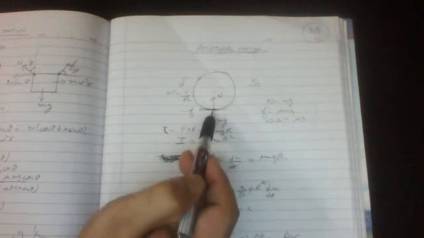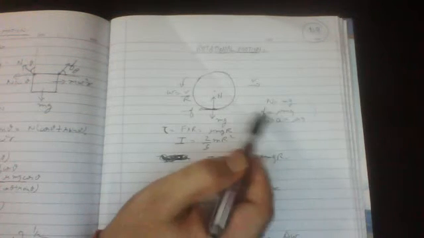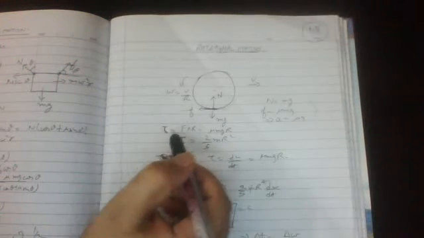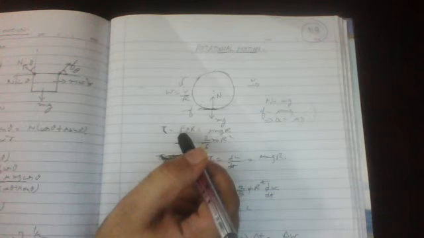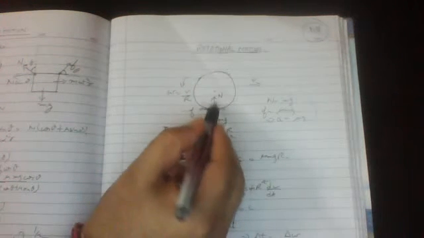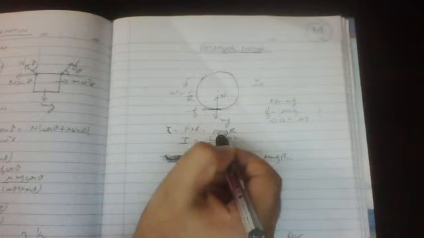There is a normal reaction force which acts on this ball at this point of contact, which is given by N equal to mg, where m is the mass, of course. The forces are balanced. There is no net force in the y-axis direction, so that is the first thing. Then we have a torque which acts on this ball, given by F cross r, and because the angle is 90 degrees between the force and the vector r, it is simply F into r, which is mu times N times r, that is mu mgr.